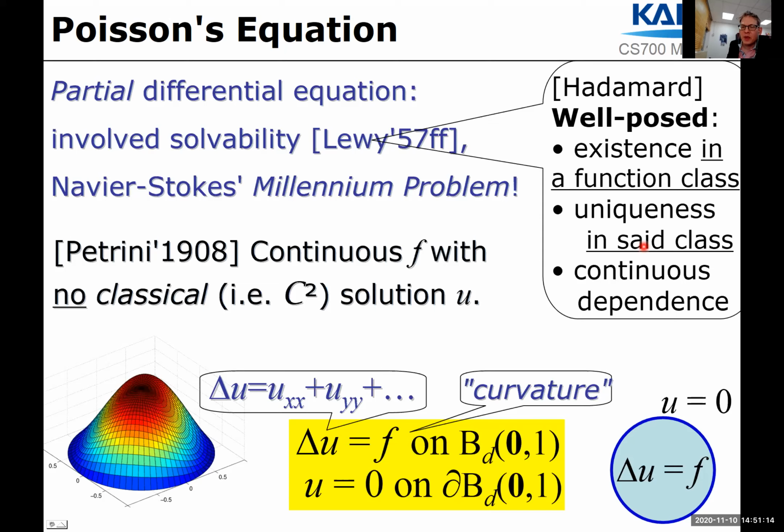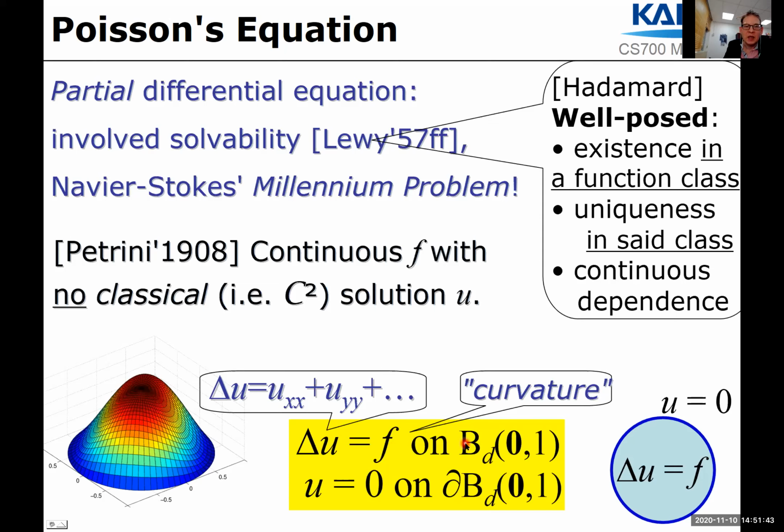Classical solution would mean, right, so if we have a continuous right-hand side, then having second derivatives on the left-hand side, the second derivative should be continuous. That is, a classical solution would be one which is twice continuously differentiable. And Petrini, over 100 years ago, showed that in general, this is not what we can expect.